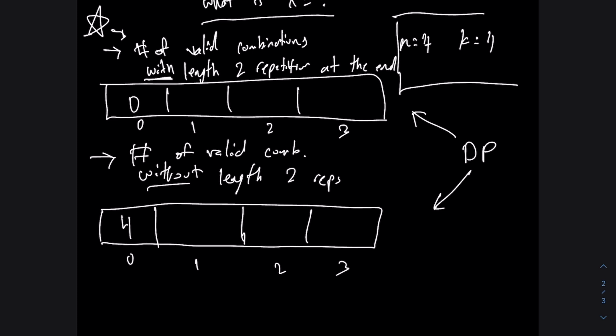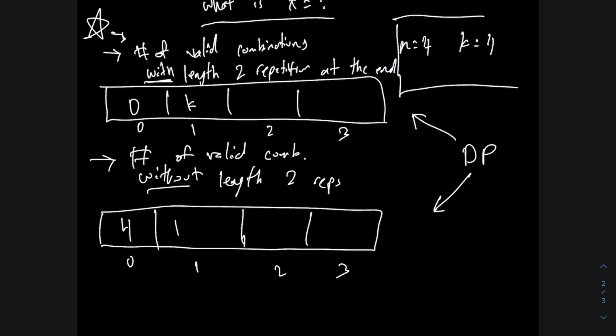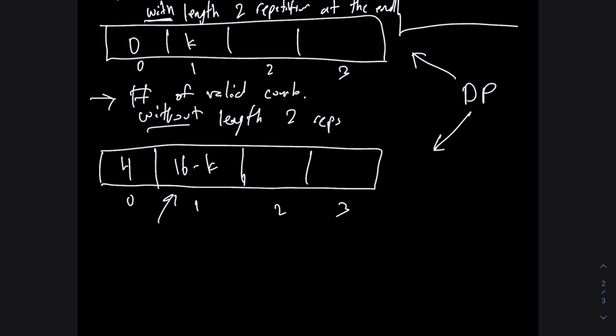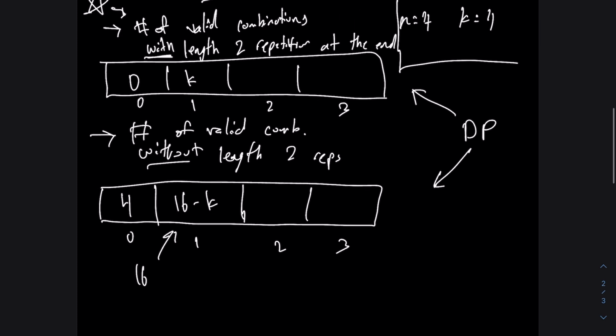This time, the value is going to just be k, right? And at the one index over here, it would just be 16 minus k, right? Because you have 16 possible items, or 4 from before, and then you multiply it by 4, but then there are 4 that repeat, right?